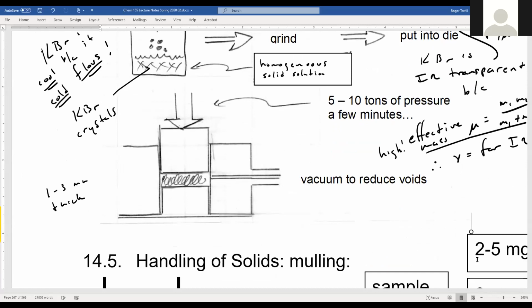And the die usually has vacuum. You pull a vacuum and you push at the same time. And this makes an approximately transparent, I mean, it's not super clear like glass, but you can sort of see through it. Call it translucent. Little puck. And then you can put that into the infrared spectrometer, and that'll get you into the sweet spot for absorbance in most cases.